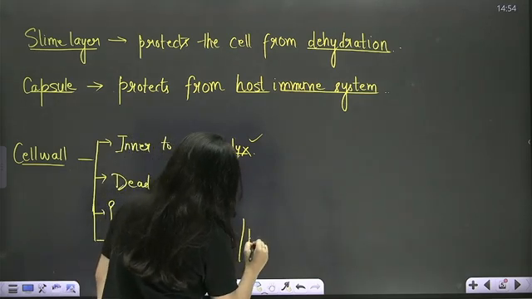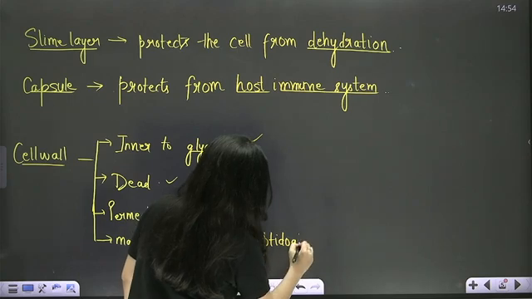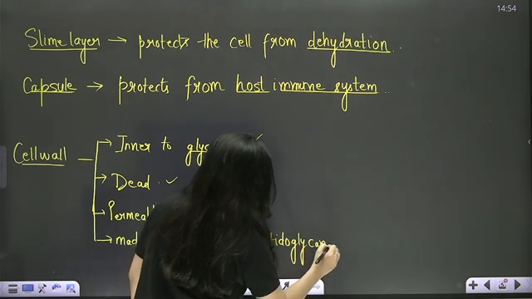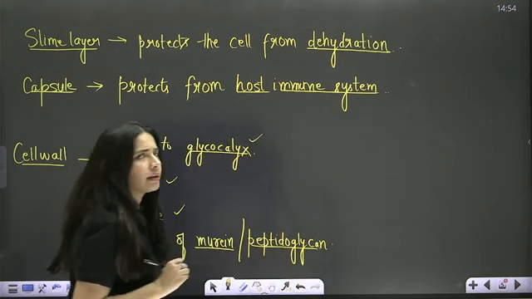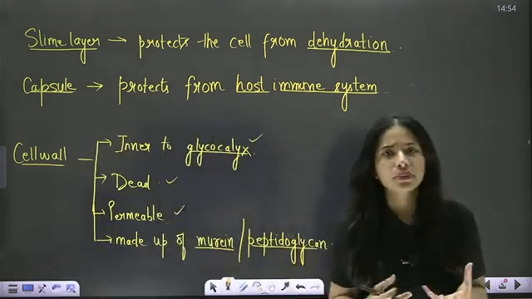The other name for murein that is more common is peptidoglycan.